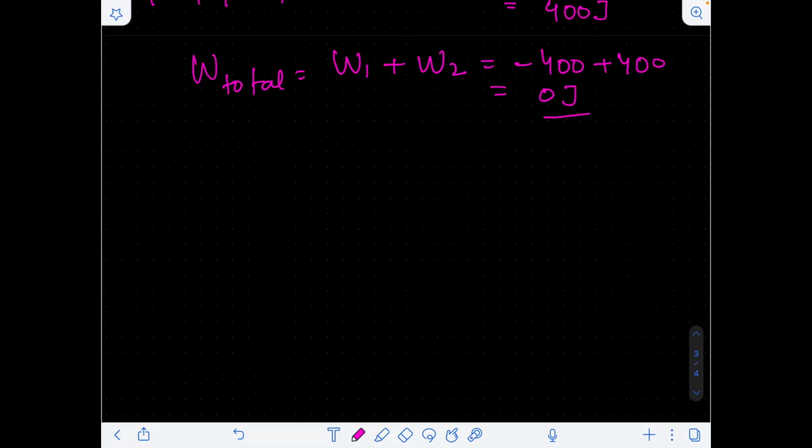So it comes out to be 0 joule. This is a very suitable example to show that the work done by the conservative forces in a closed path is always 0. So this is one of the definitions.